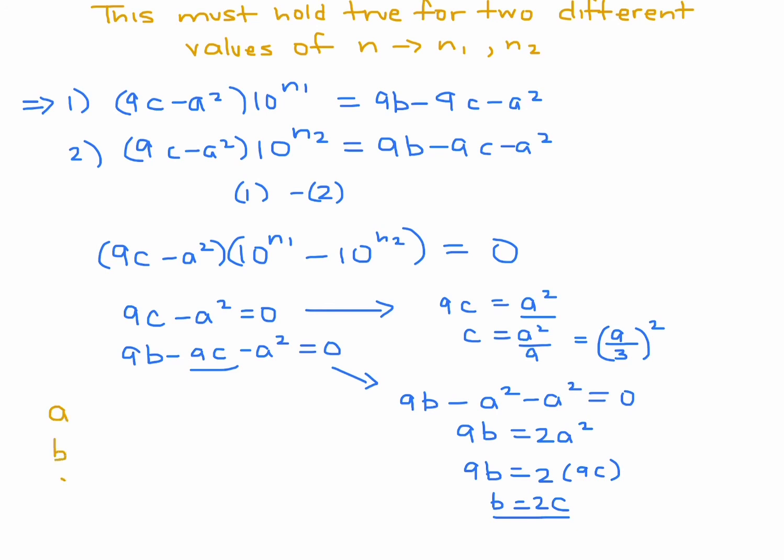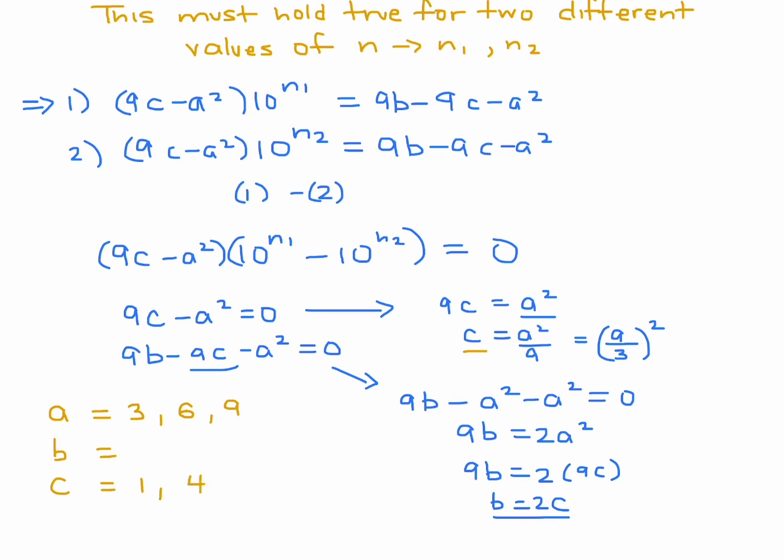Well, from here, these are all integers, so a obviously is divisible by 3. So a can only be either 3, 6, or 9, because remember, each of those are digits, so they're only between 1 and 9. If a is 3, I think I can immediately figure out c. So if a was 3, c would be 1. If a was 6, c would be 4.